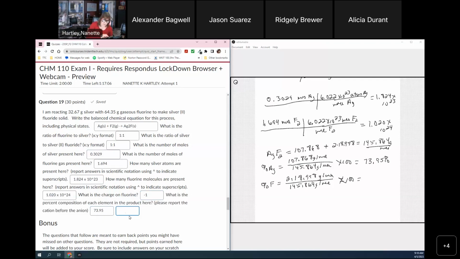And my F is going to be 2 times that 18.998 divided by 145.864. And this is 26.05. Now, Alex asked you to report this to the nearest decimal place. So if the sig figs were not, quote unquote, appropriate, I didn't worry about it here.